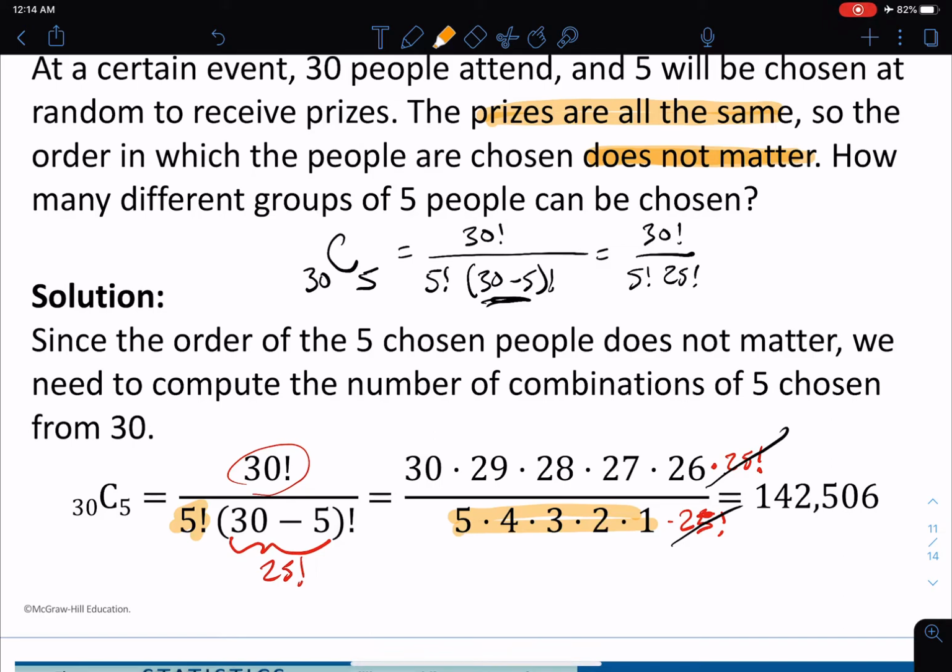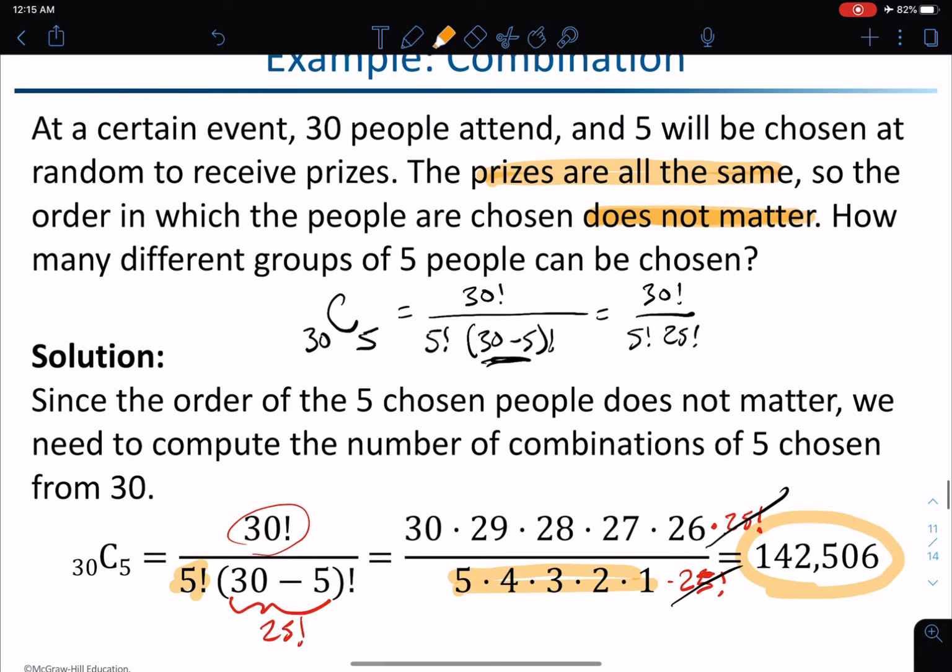And then now these numbers are small enough to put on your calculator. You just multiply in the numerator 30 times 29 times 28 times 27 times 26, hit equals, then divided by, and you may need to use parentheses depending on the calculator, open parenthesis, 5 times 4 times 3 times 2, and then close parenthesis, equals, and you will get 142,506 different combinations of choosing 5 from 30 people.